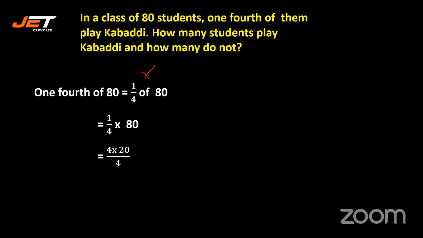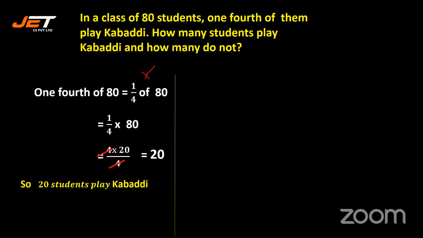In the denominator, there is 4. 4, 4 cancel. 20 is the answer. That means 20 students play kabaddi.